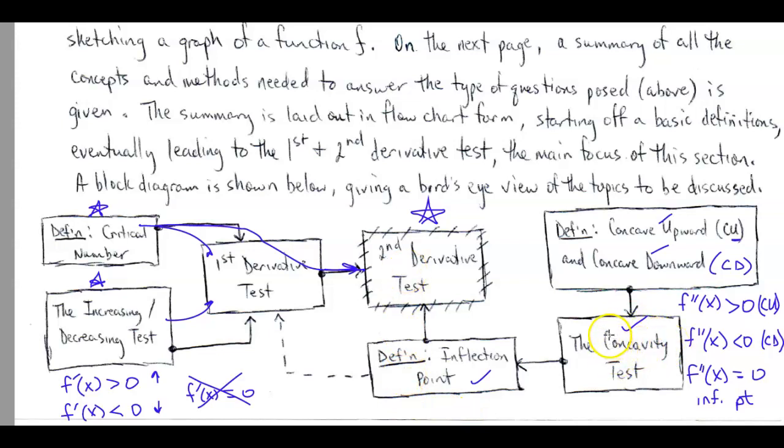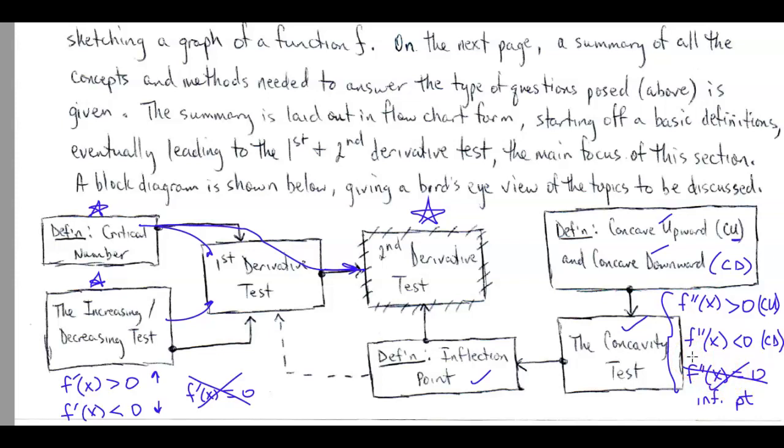Now, what the concavity test does is essentially what we talked about here. I'm taking the second derivative and I need to know what values of x are going to produce concave up values, what values of x are going to produce concave down values, okay? And of course, the concavity test really doesn't deal with this particular case, but we do need to know where concavity changes because that's important to us as well, okay?